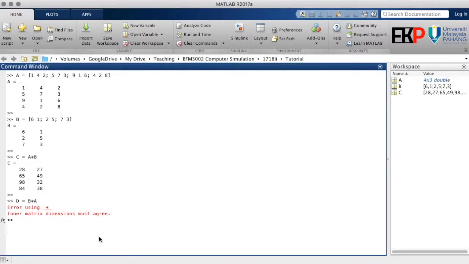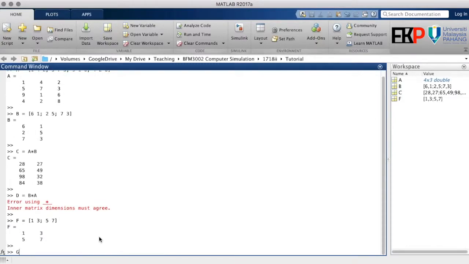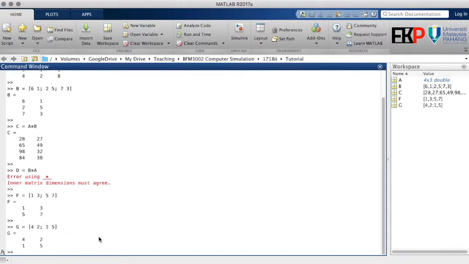So another example is, let's say we have matrix F of 1, 3, 5, and 7. This is matrix F. And then we have matrix G that is equal to 4, 2, 1, and 6.